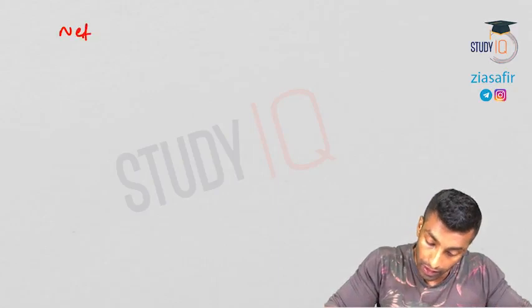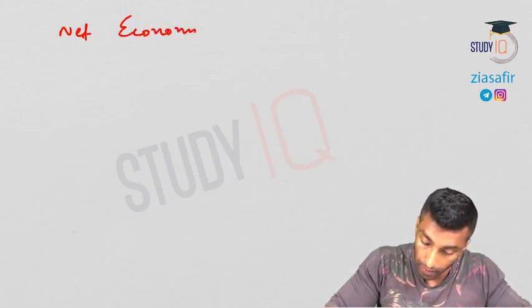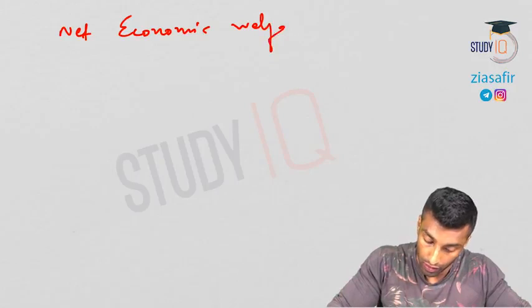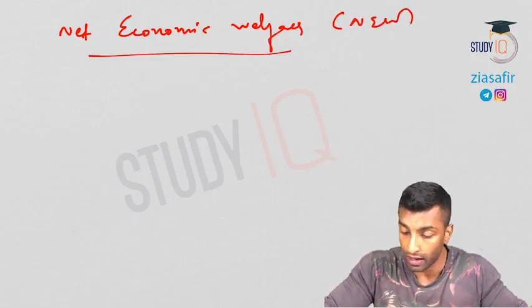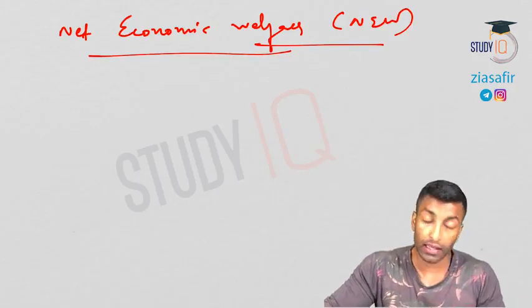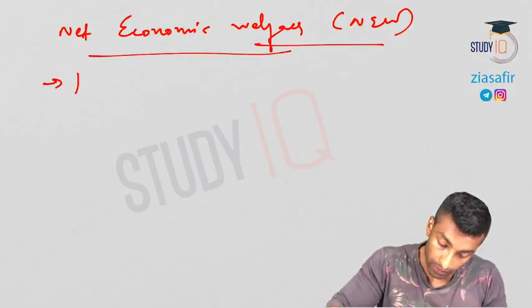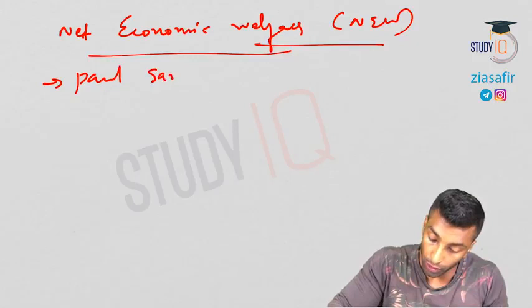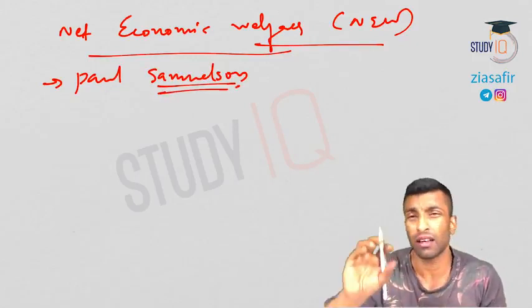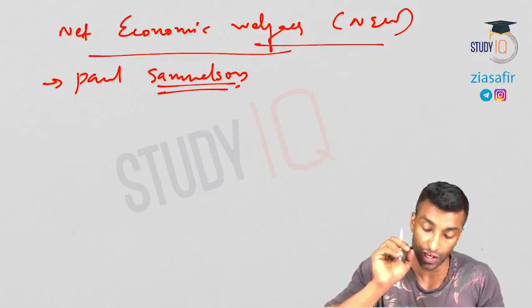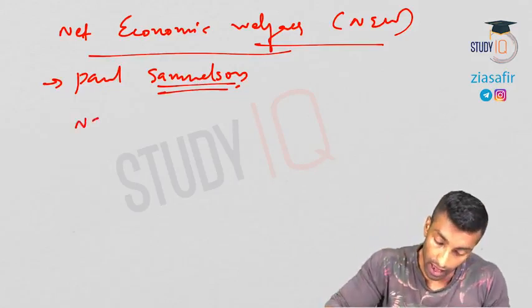Next one is net economic welfare. This is also one of the indicators of economic development. So NEW. Okay, it's a concept given by Paul Samuelson. So this is related to some modifications in GNP. So let's try to understand that.